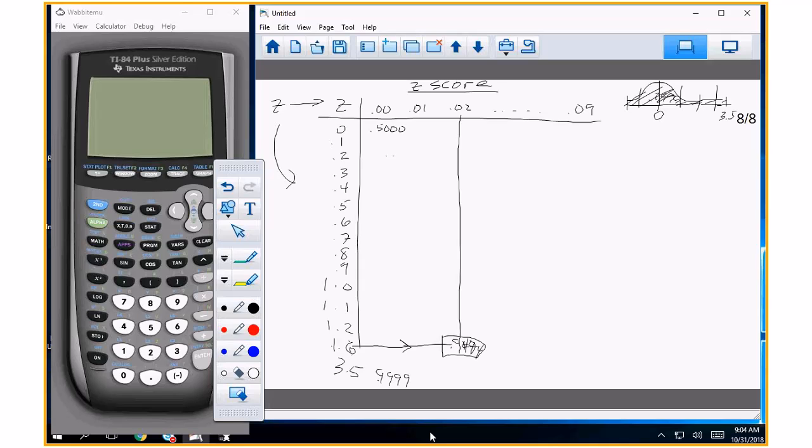Sometimes it's a little bit off. The homework will compensate for that. Mine says 0.9474. Okay, check that. 9474. Good.